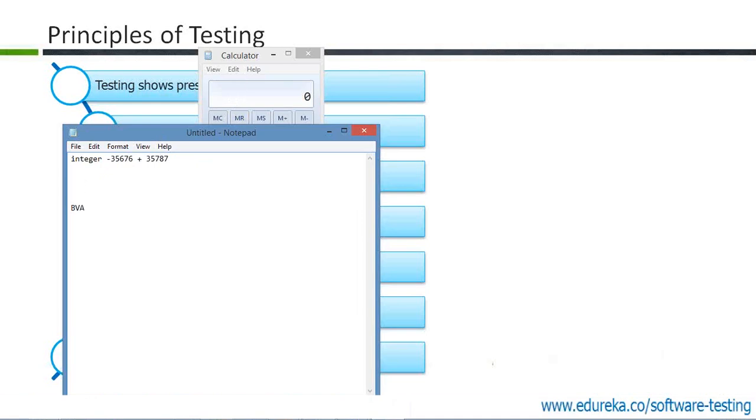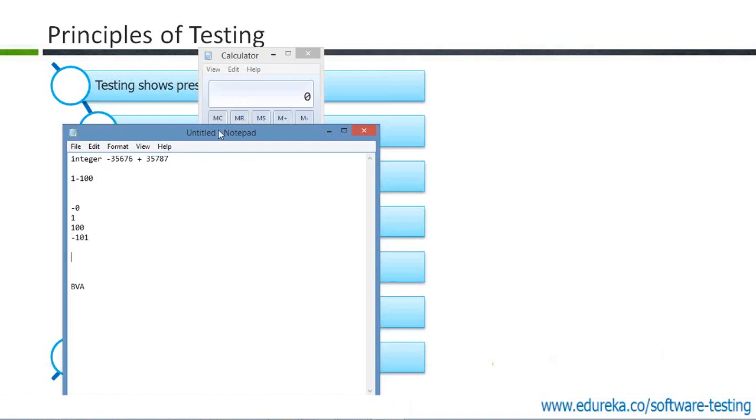If you have a program where 1 to 100 should be tested, you can't go and test all the numbers from 1 to 100. So what you do is test what would happen if I give 0, what would happen if I give 1, what would happen if I give 100, and what would happen if I give 101. Then your testing is complete.